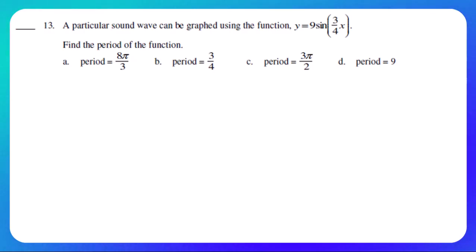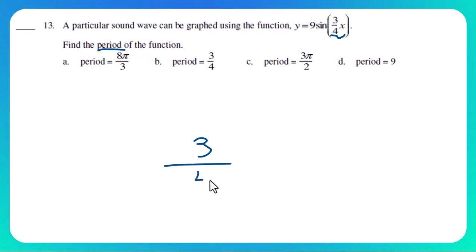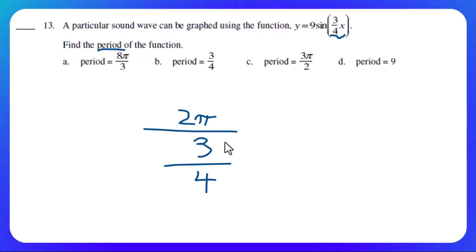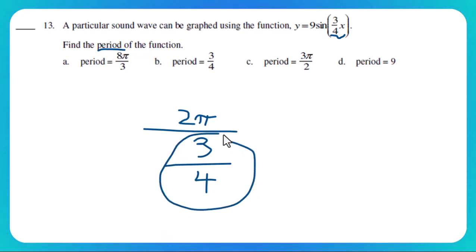Okay, question number 13. A particular sound wave can be graphed using the function y equals sine 3/4 x. Find the period of the function. So what are we multiplying x by? We're multiplying by 3/4. So we're going to start with 2 pi, and we're going to divide by 3/4. When you divide by a fraction, you flip that.